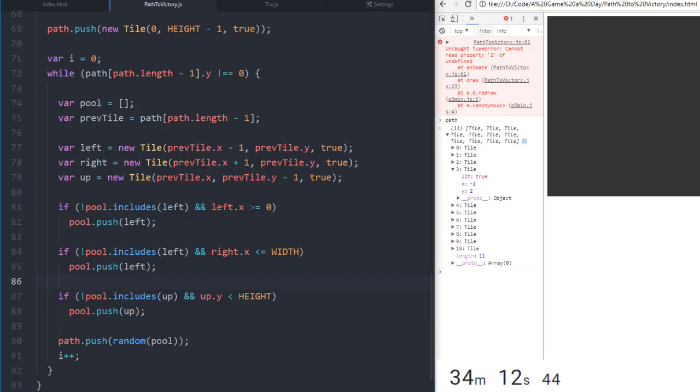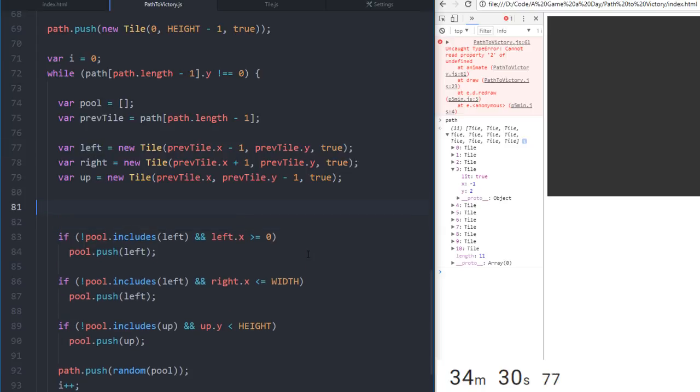Left has to be greater than 0 in order for it to be pushed. So what? var left, left.x. What's console.log left.x? Console.log left.x.